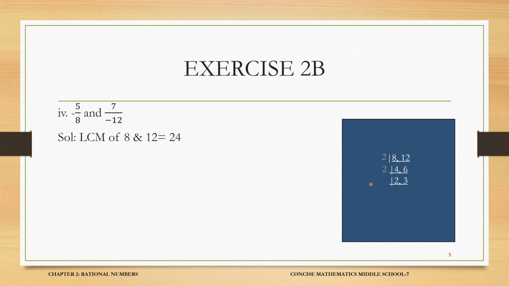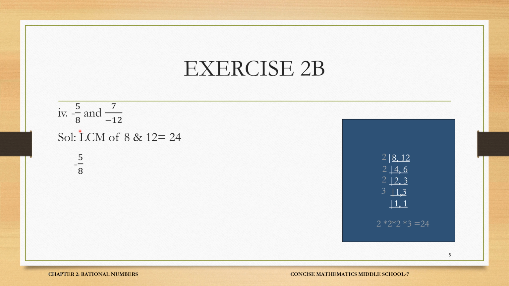So 2 2s are 4, 2 3s are 6. Now again it's divisible by 2. Only this one is divisible, right? No problem. Just write 2 1s are 2 and 3 as it is. And now it is divisible by 3. 3 1s are 3. So 2 into 2 into 2 into 3, that is 24, right?